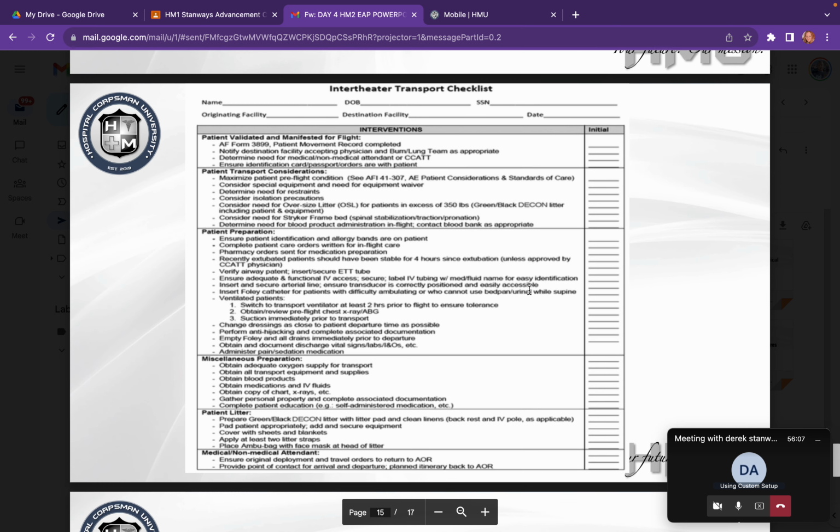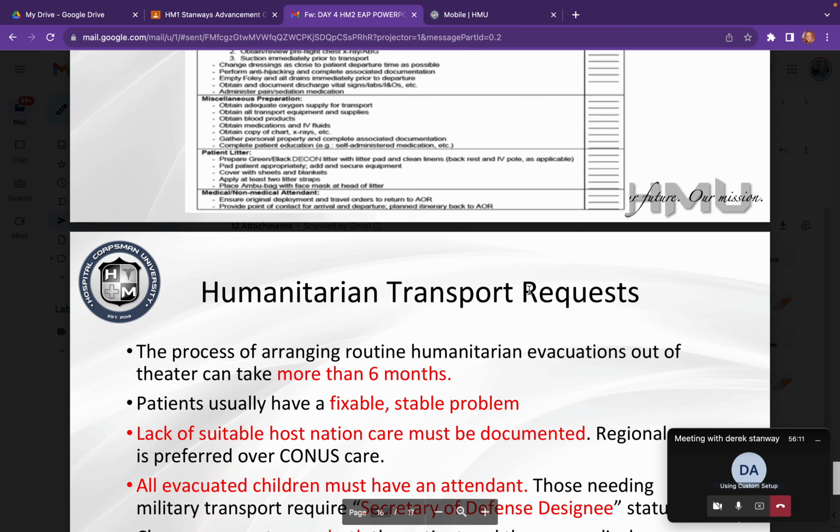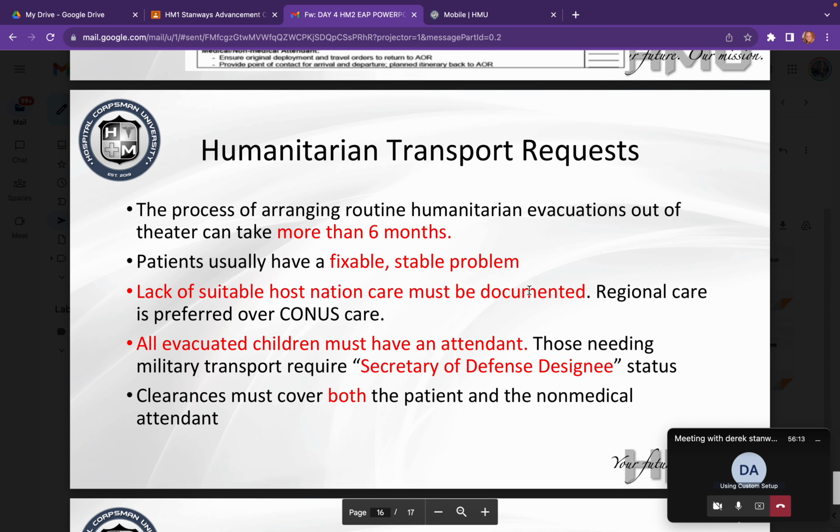So this is a transport checklist they'll go through, make sure they have all these things they need. So with this checklist, let's say you have routine patients that need to get evacuated for whatever reason. And I'm using the example because that was just my most recent experience.